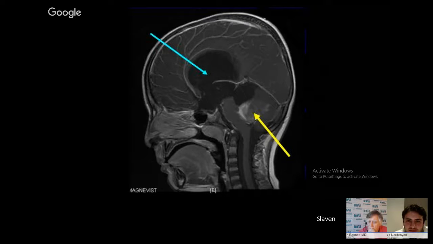You can go through the corpus callosum in the anterior third, cut through it, and then go into the third ventricle, and then basically do a perforation in the floor of the third ventricle and go all the way here, or even go through the aqueduct if this is really possible.